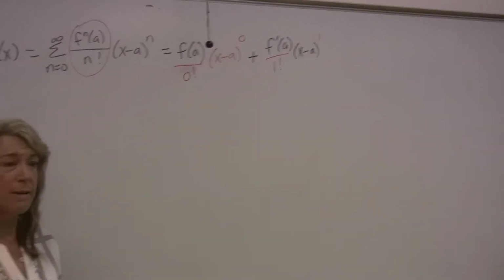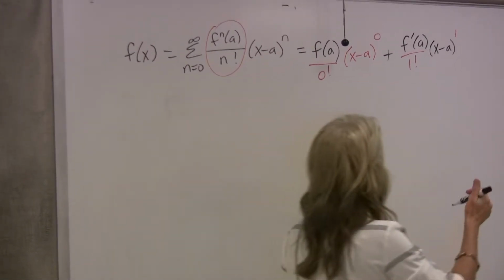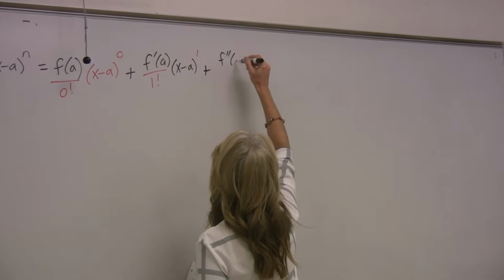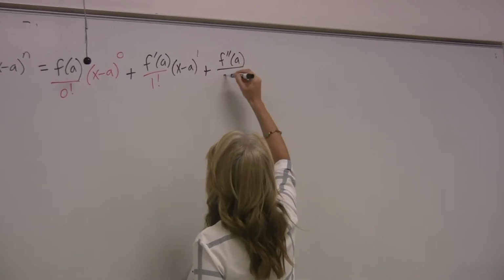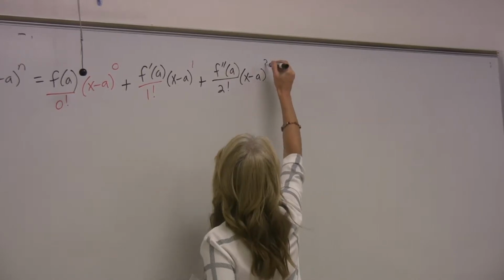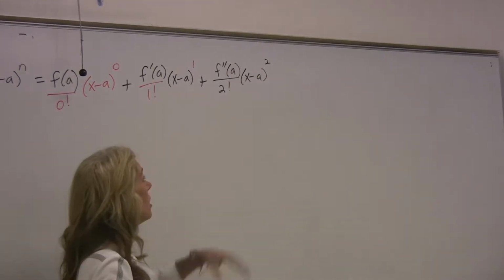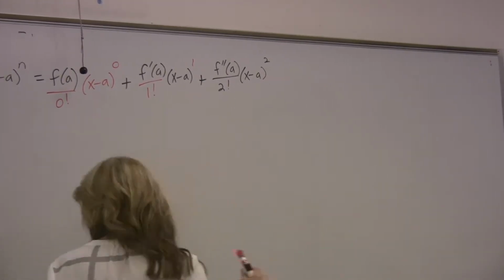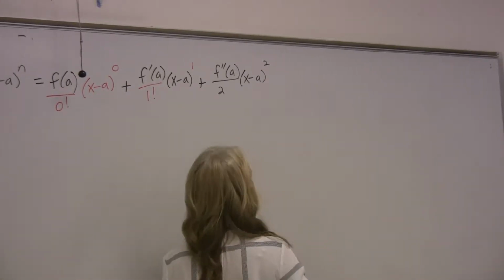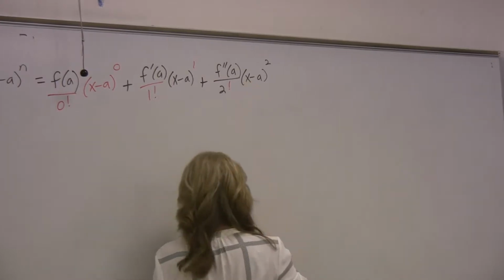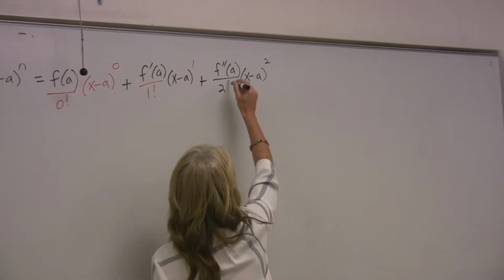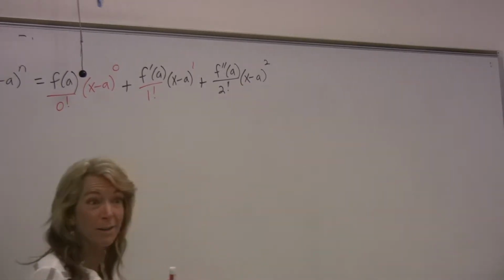It just got simplified. When you get to the next one, it gets a little bit clearer because nothing's missing. The next one will be the second derivative evaluated at a divided by 2 factorial times x minus a squared. I better put that in red. The factorial's not there either, is it? In your notes? It is there. Oh, it is? Good. I'm glad I put it in there. Technically 2 factorial is just 2, so I'm surprised I didn't simplify that one too.